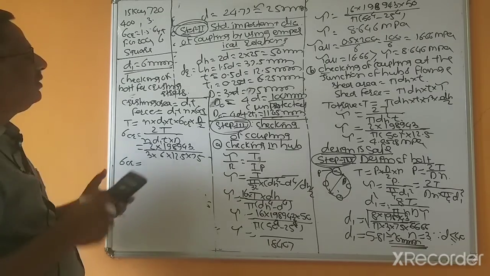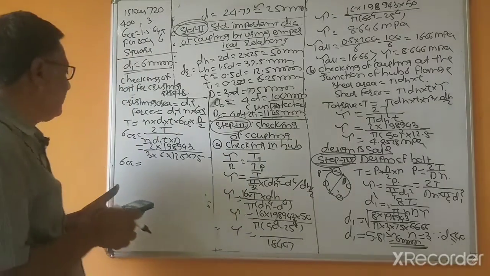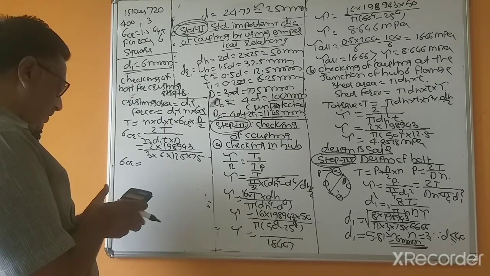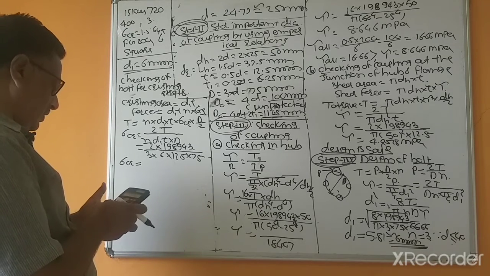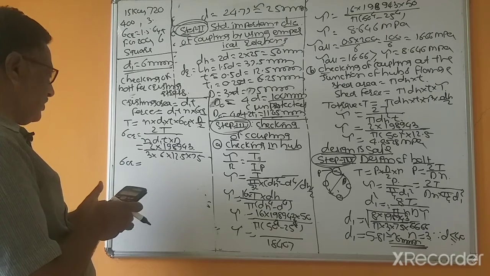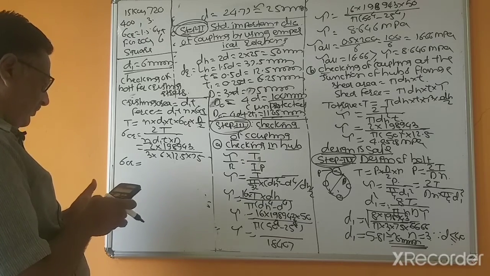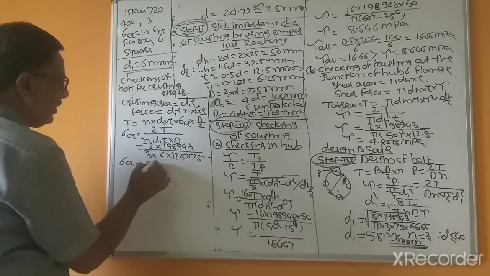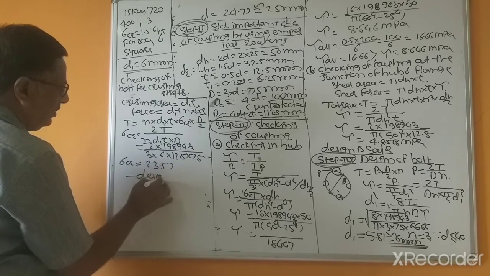So if in the design process you made mistakes, make those corrections. 198,943 into 2 divided by 3 divided by 6 divided by 12.5 divided by 75. This is 23.57. So you can write the design is safe.